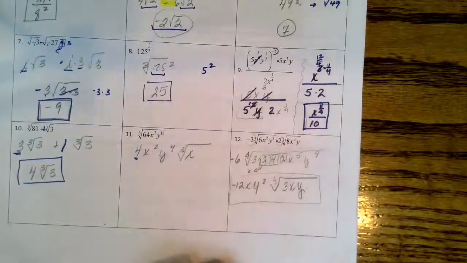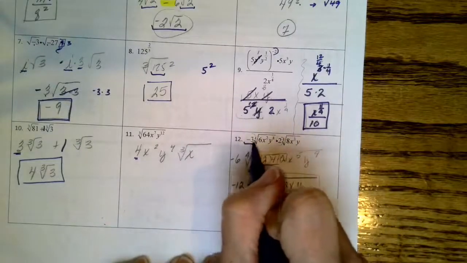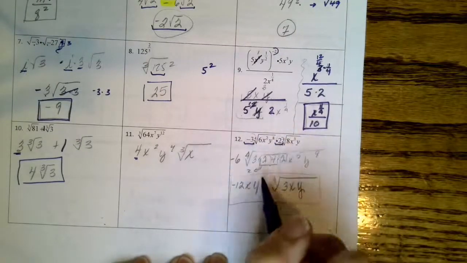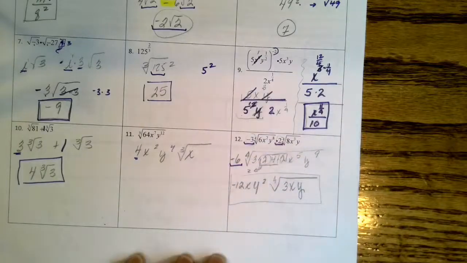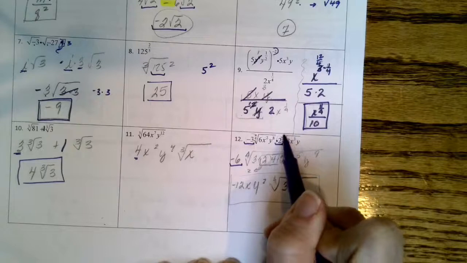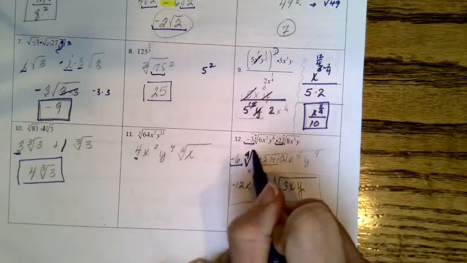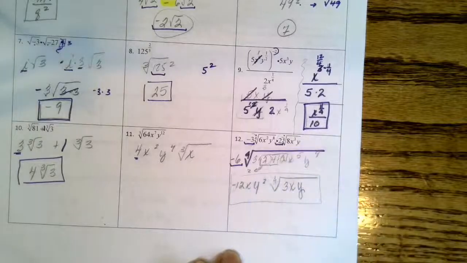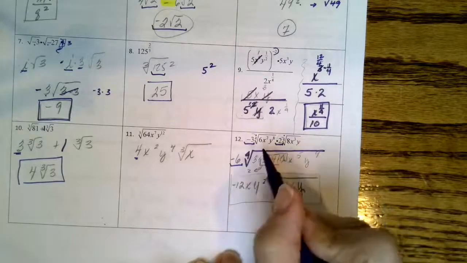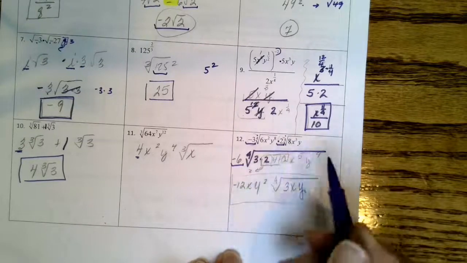Okay, so this next one, I'm going to go ahead and deal with my coefficients first. Negative 3 times positive 2 is negative 6. Then, because these indexes match to the fourth root, I'm going to go ahead and put everything under one radical sign. 6 I broke down into 3 times 2.